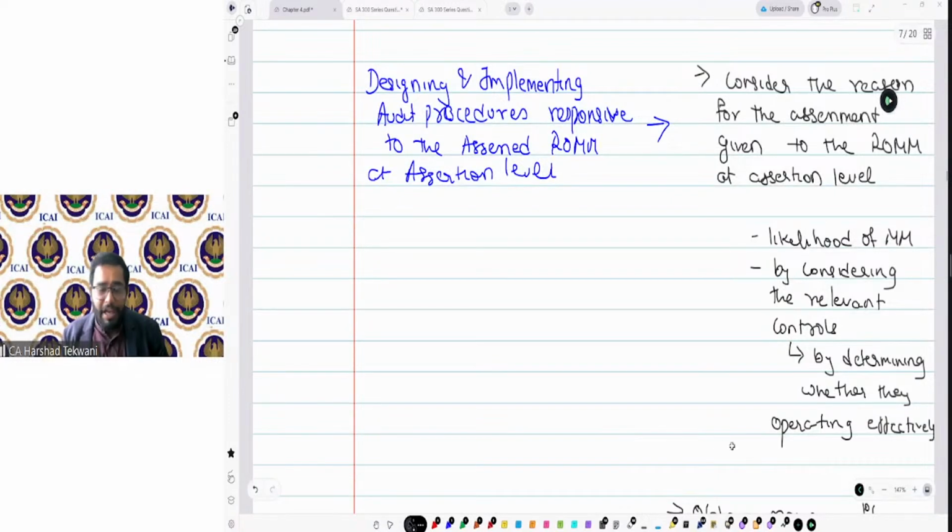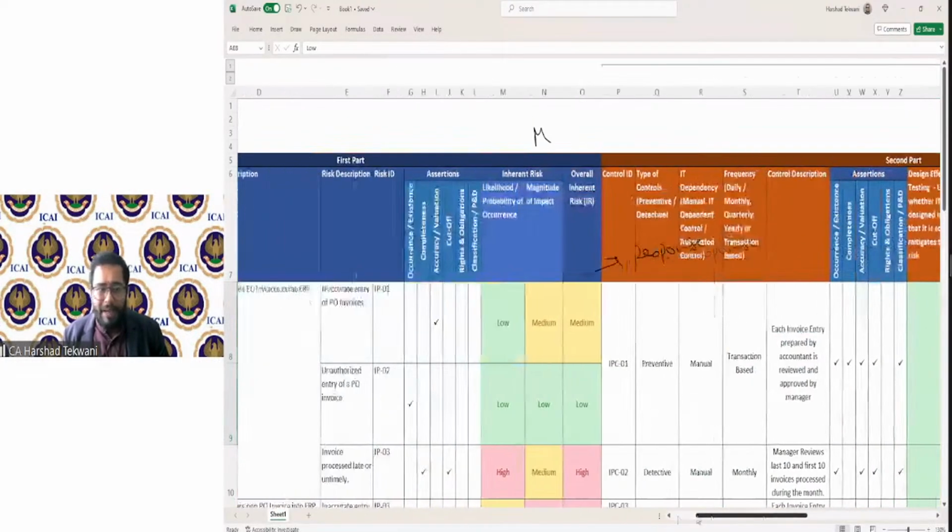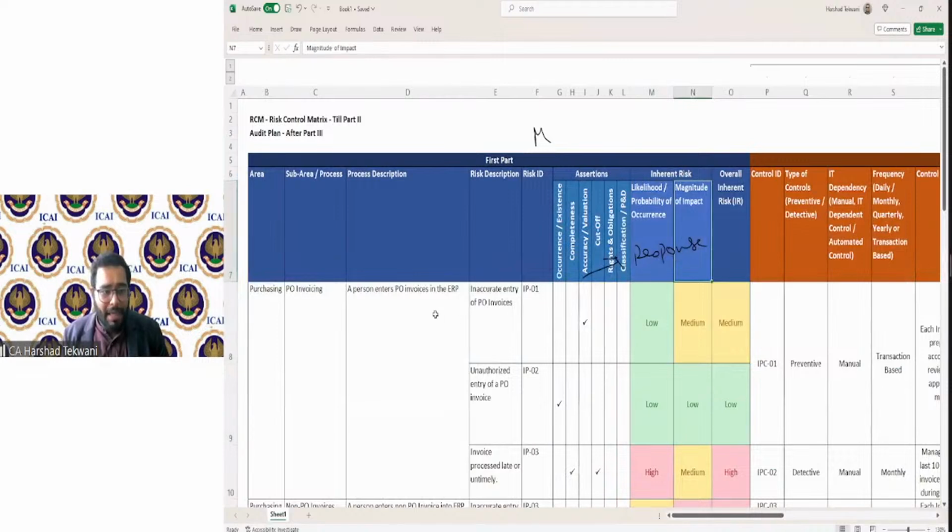Yes, Charu. When I say risk of material misstatement at the assertion level, I mean this particular risk that we identified. If this risk is there, then at what assertion is it impacted? That is the risk of material misstatement at the assertion level.